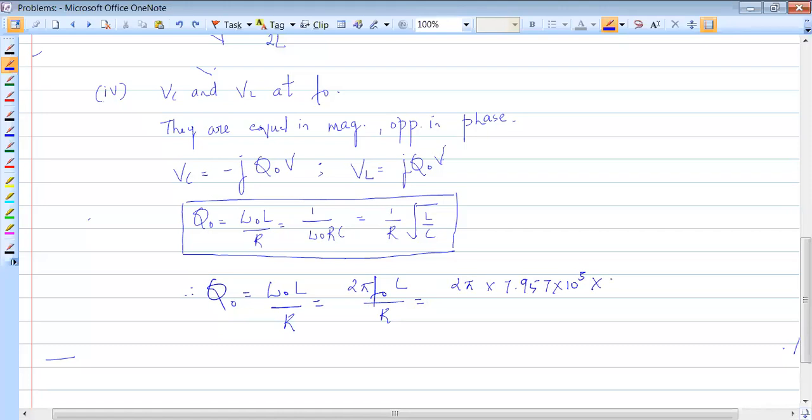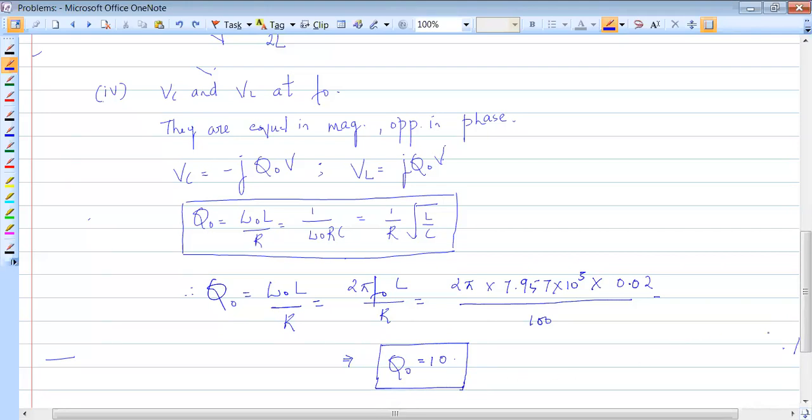And the L is 0.02 henry, and R is given to be 100 ohms. This implies that our Q naught would come up to 10. It is a small number. That means the selectivity of this particular circuit will not be good.